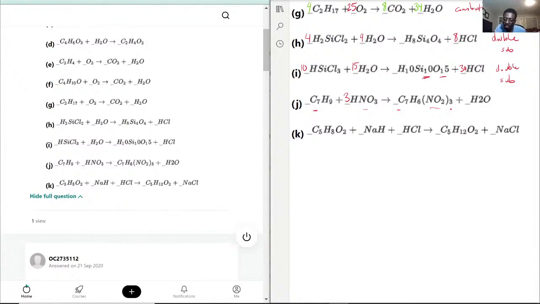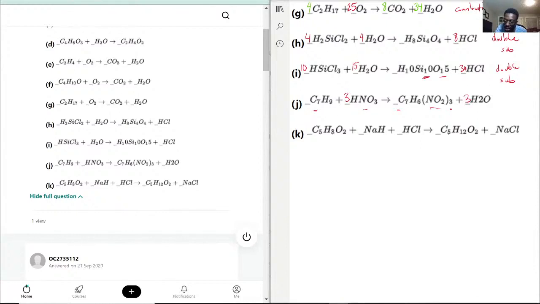Maybe we don't need to touch this because the C7 stays similar. But let's see now what happens in regards to our number of oxygens. So we have 3 times 3, we have 9 oxygens there. So 3 times 6 here, 3 times 2 here is only 6.